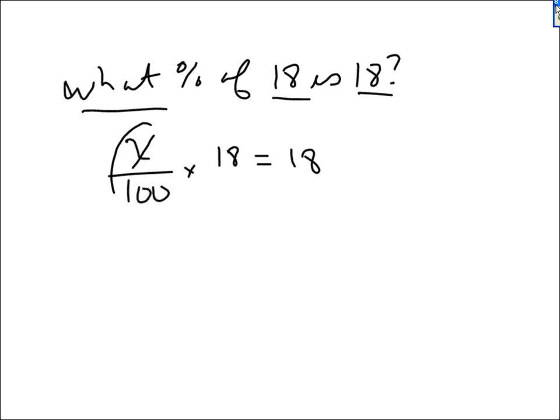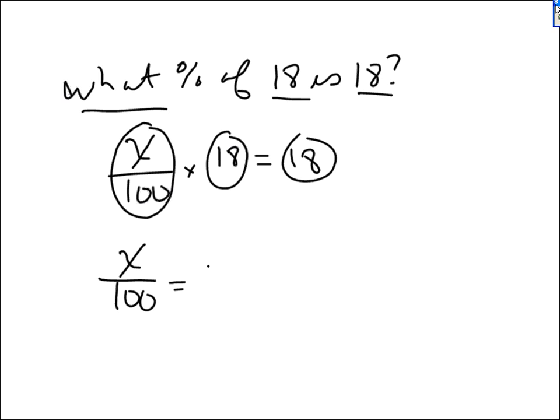Well, you should just know that's 1. 1 times 18 is 18. You should see it on that level. We'll do it a few different ways. So this number must be 1. The fraction is 1. You just say those two are equal. X equals 100. Oh my, I now know what x is. I'm done. The instant a fraction is 1, you say top and bottom are equal.